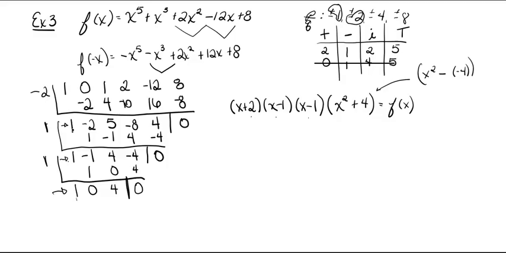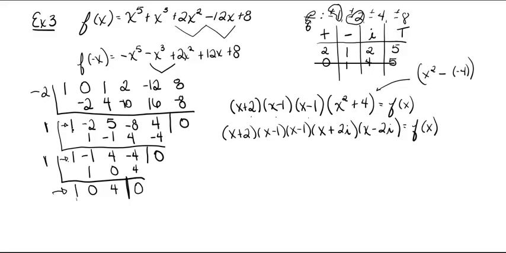And remember, a difference of 2 squares breaks up into a plus b times a minus b. So my 5 factors are x plus 2, x minus 1, x minus 1, and then x plus 2i, x minus 2i. There's my complex conjugate answers. So those are my 5 factors.